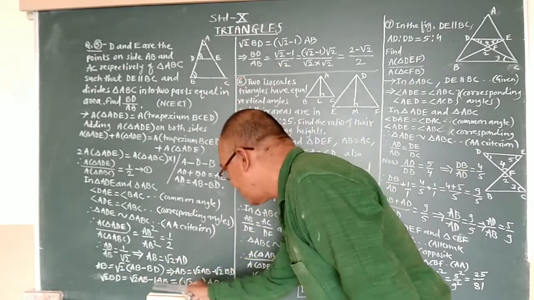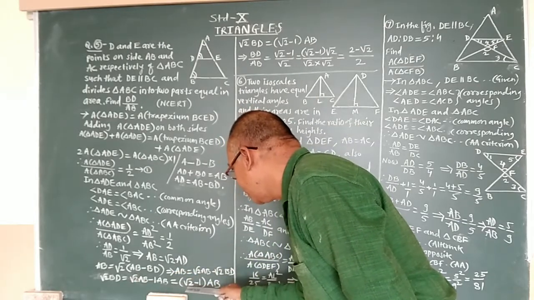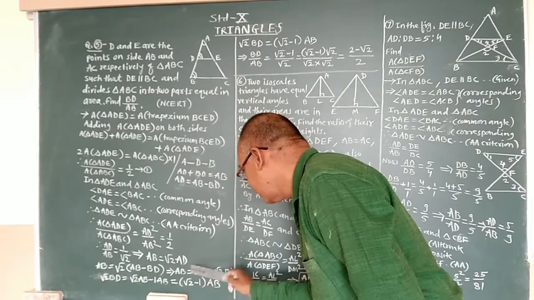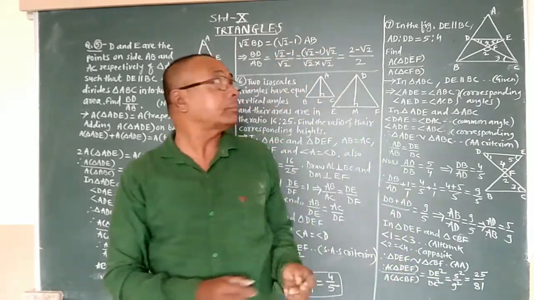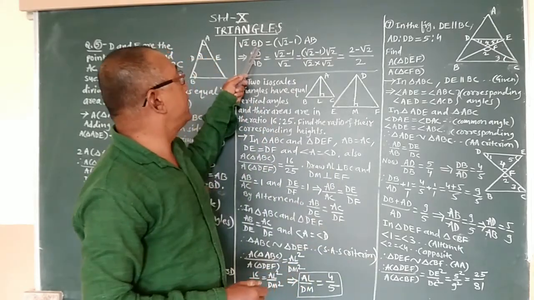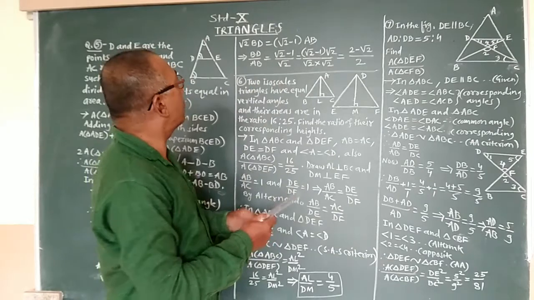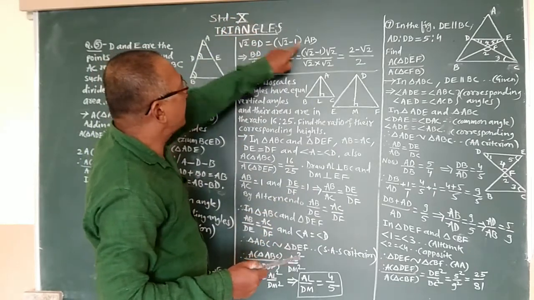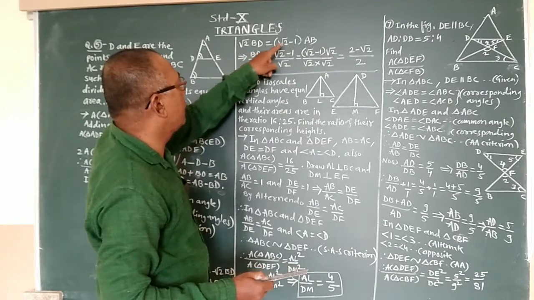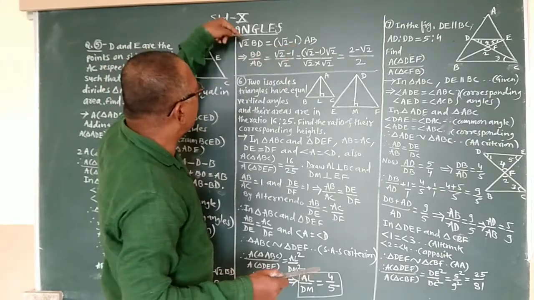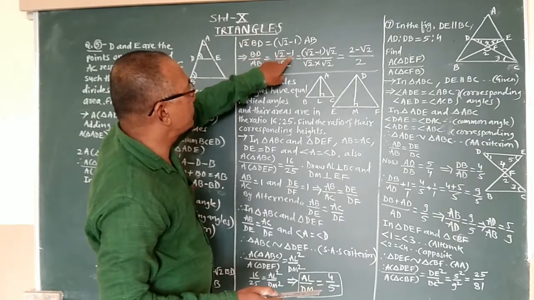Now taking AB as common, we get root 2 BD is equal to root 2 minus 1 bracket complete into AB, and now AB is multiplying, so it will divide, so BD upon AB is equal to root 2 minus 1, root 2 is multiplying, so it will divide, so root 2 minus 1 upon root 2.